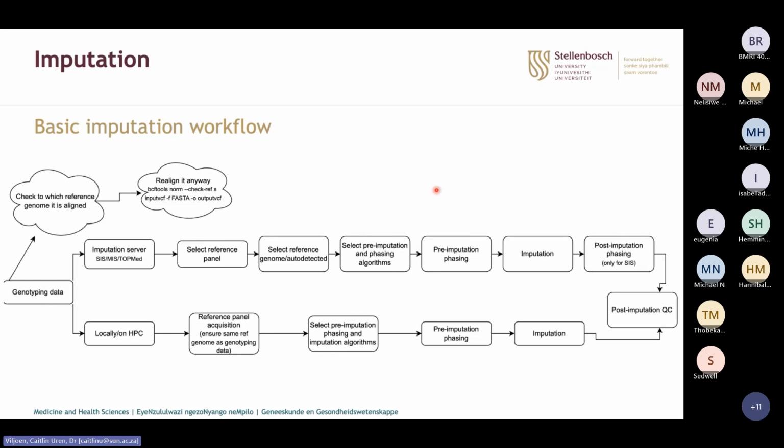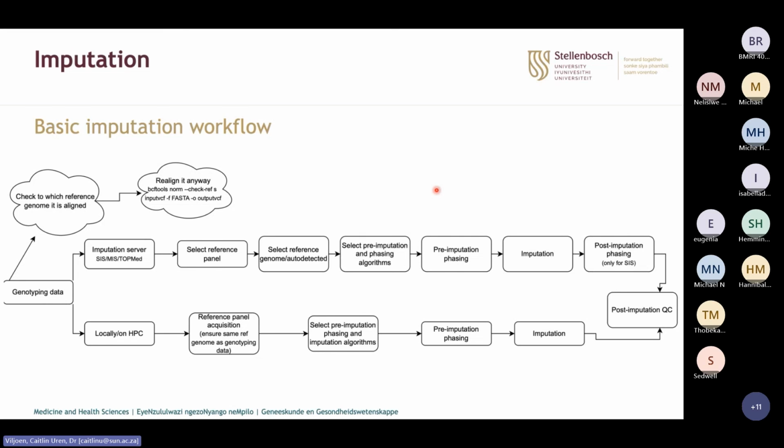Either way, you need to ensure that you are using an appropriate reference panel. We'll talk about the available reference panels shortly, but as I said, you want to ensure that the FST between your genotyping data and your reference panel is low. On the imputation server, you are given the option to select which reference genome your data is aligned to, so generally GRCh37 or 38.